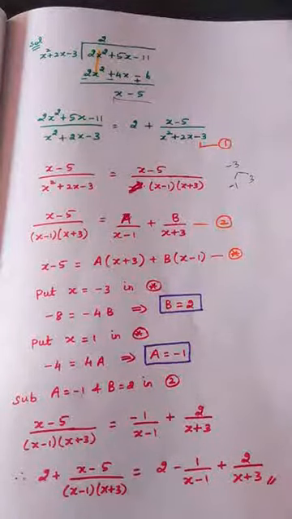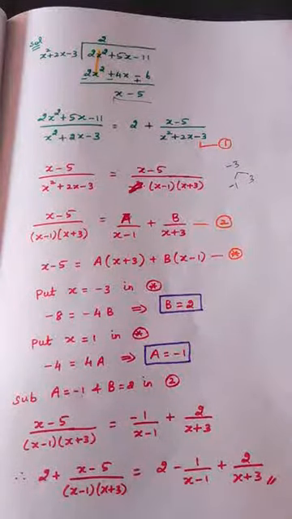What is type 1? Linear factors which are different. What is type 2? Again linear factors which repeat, which means x plus 1 whole square or x plus 1 whole cube, like that, which means it is a linear factor which is repeating. What is type 3? Quadratic factors which cannot be factorized, that is very important.